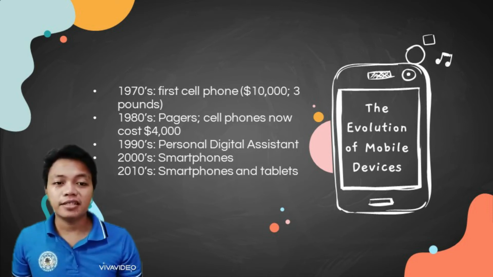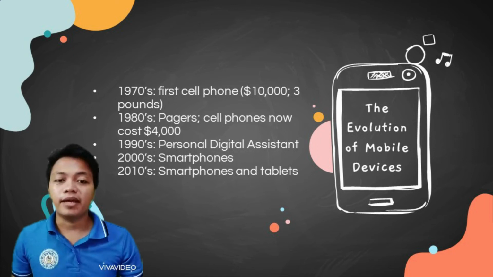In the 1990s, the personal digital assistant, also known as the handheld PC, functioned as a personal information manager. In the year 2000, the smartphones. In the year 2010, smartphones and tablets.